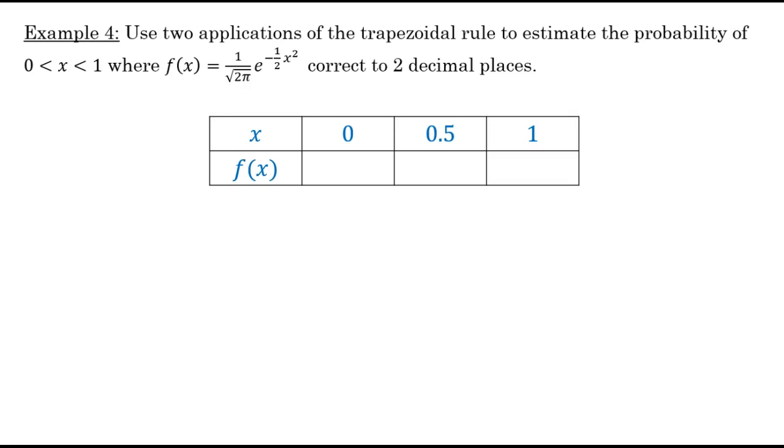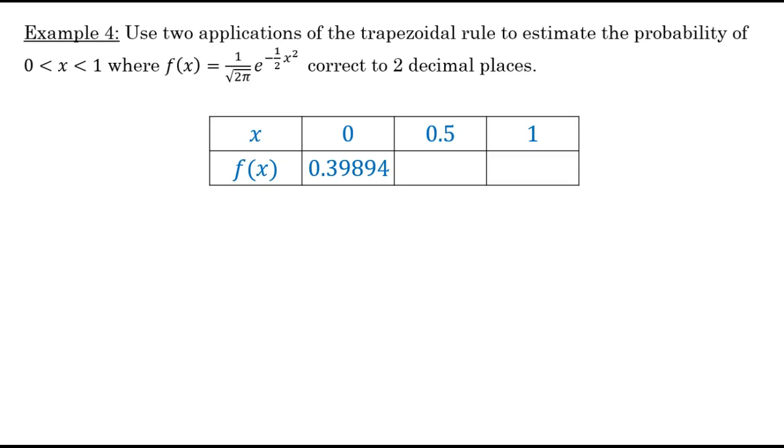So 3 values of x, and I need to find the relevant function values of those. So the function of 0, substitute 0 into that, and I find it is approximately 0.39894.